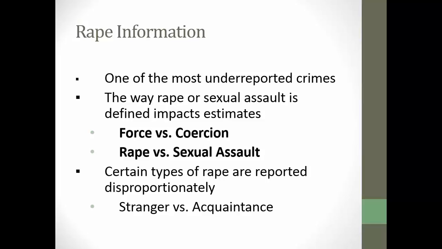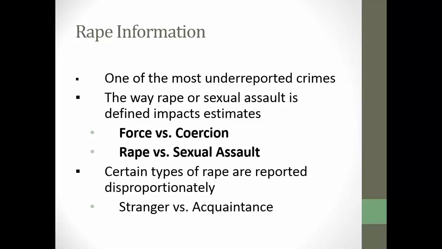The numbers are going to be a lot higher if instead of force we also include coercion, and they're going to be a lot higher if we include sexual assault and rape together, and if you include attempted versus completed rapes. So the numbers are all over the place, for a variety of those reasons.